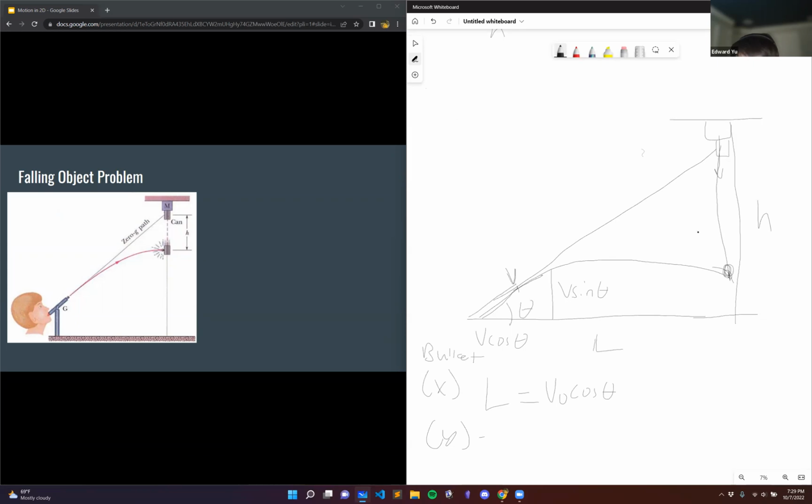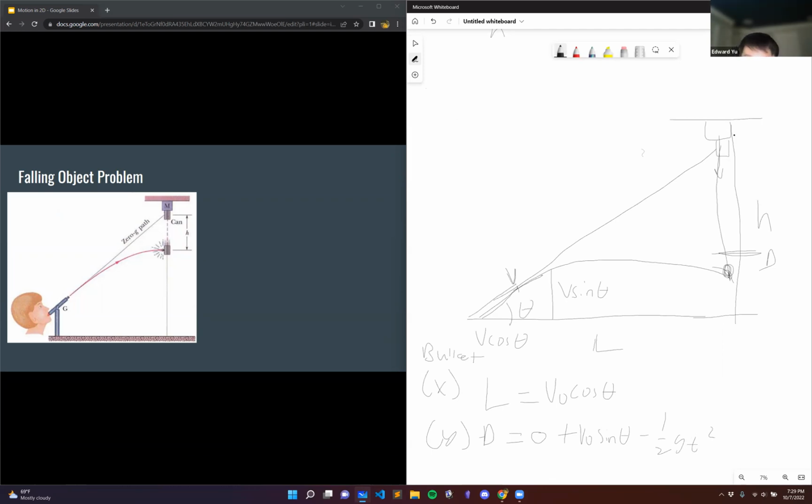And then for the y, since it meets at some random height, let's say this is d. So d is equal to 0 plus v sine theta times t minus 1/2 gt squared.